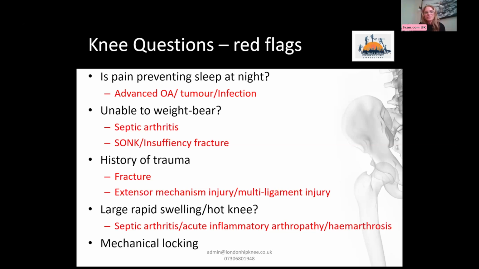Let's have a look. Loose body. Perfect. Can everyone see that? Can everyone hear that? This was a patient's consent. We didn't hear that.